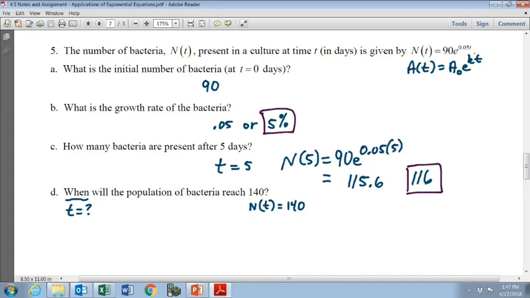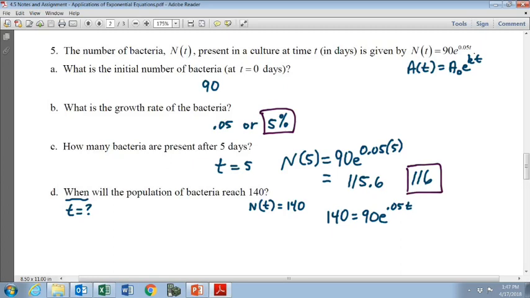Let's plug these numbers in. So 140 equals 90 times e to the 0.05t. We knew the initial amount, and we're looking for t. This is almost in exponential form, where we have the three parts of an exponential equation.